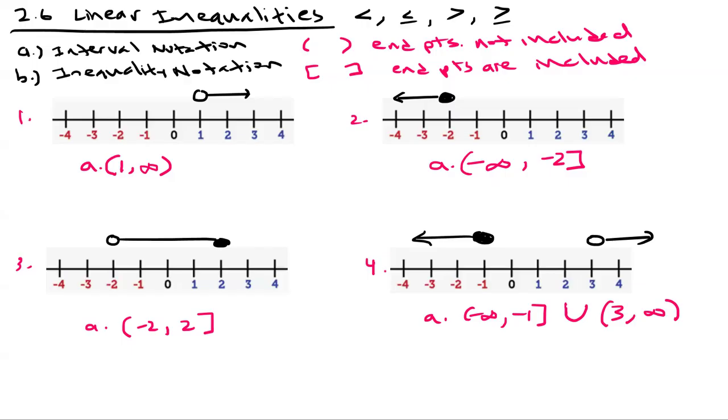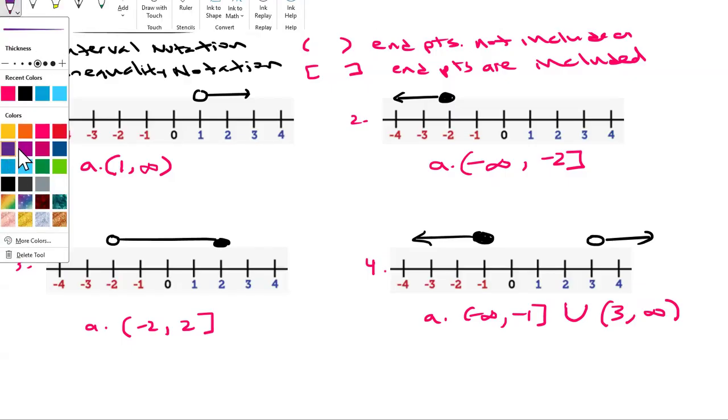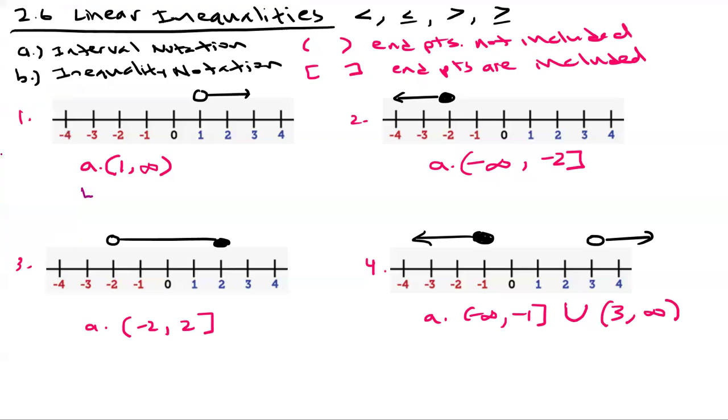Now if I do it in inequality notation, part B, all right. For inequality, we have 1 to infinity. To describe that, we just say x is greater than 1, because it has to be bigger than 1. It can't equal 1, but it has to be bigger than 1. This one here is negative infinity to -2.